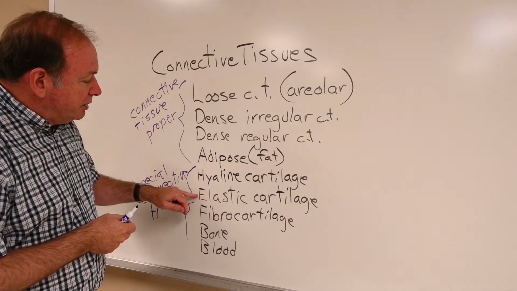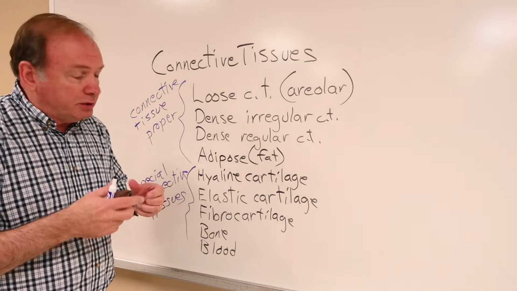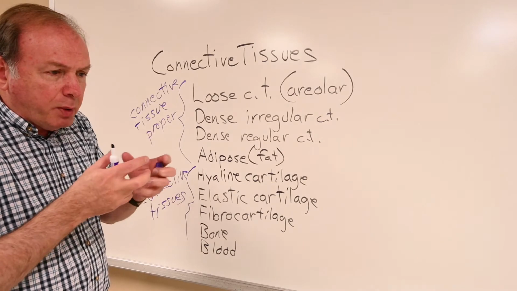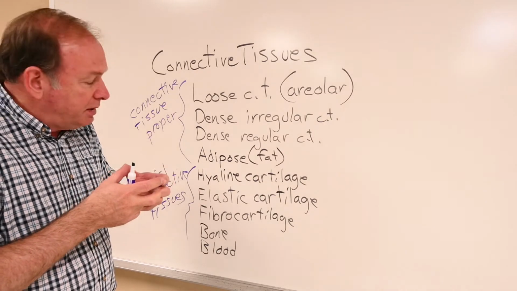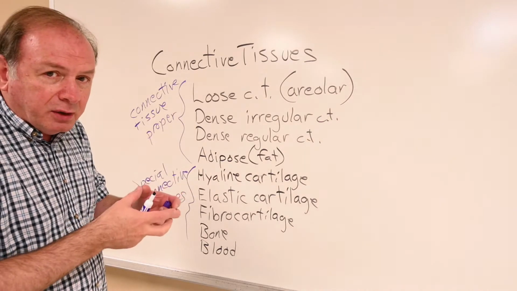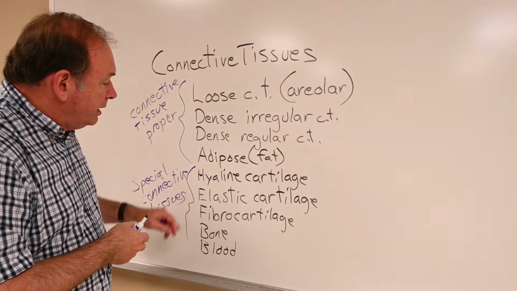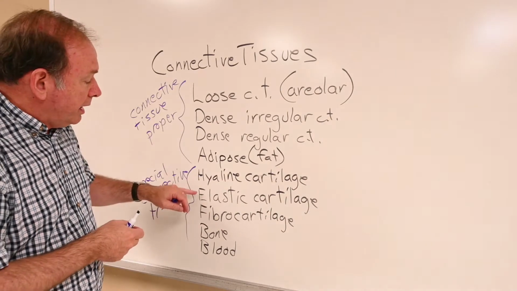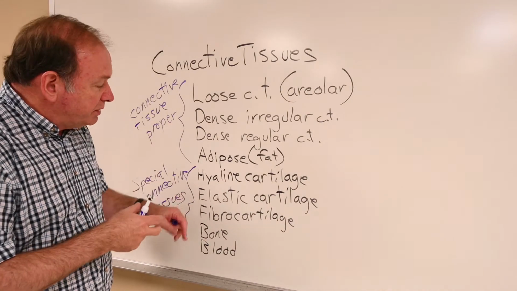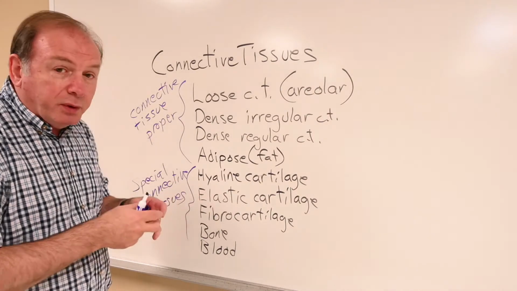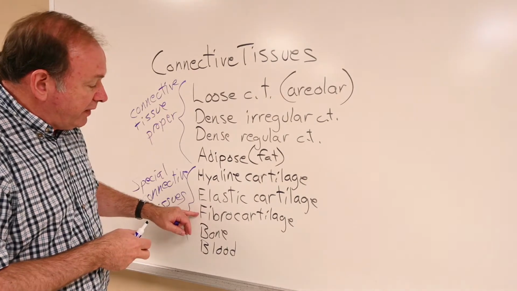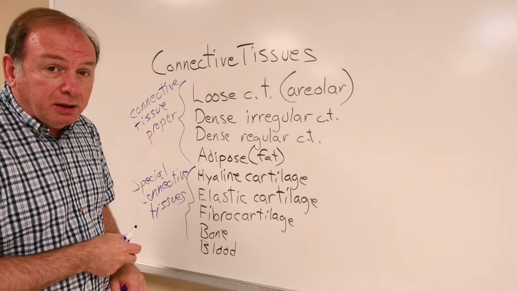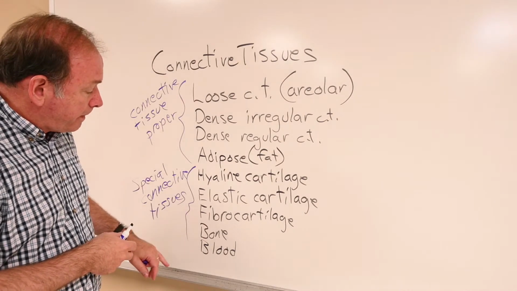In hyaline cartilage, elastic cartilage, and fibrocartilage, it's always a chondrocyte, and it's always a cell that's found occupying a little cavity space surrounded by another kind of matrix material. It's a very plastic-like material in hyaline cartilage. In elastic cartilage, you mix that plastic-like material with elastic fibers, and in fibrocartilage, you mix that plastic-like material with collagen fibers in there.